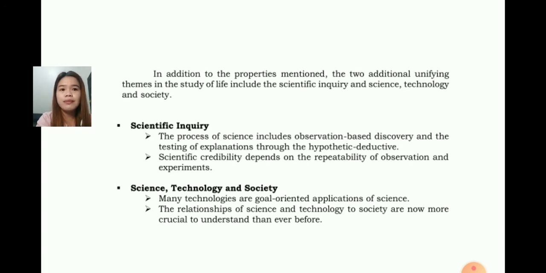Scientific credibility depends on the repeatability of observations and experiments. Science, technology, and society: technologies are goal-oriented applications of science. The relationship of science and technology to society is now more crucial to understand than ever before.